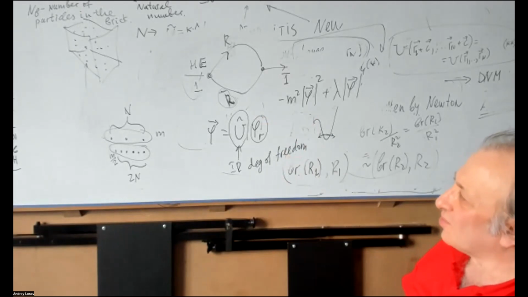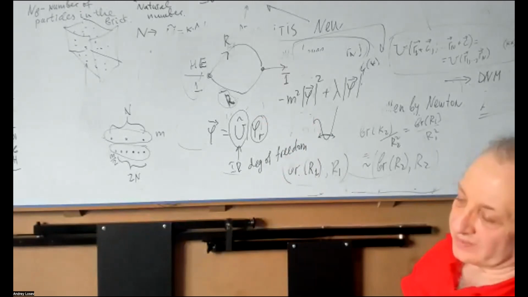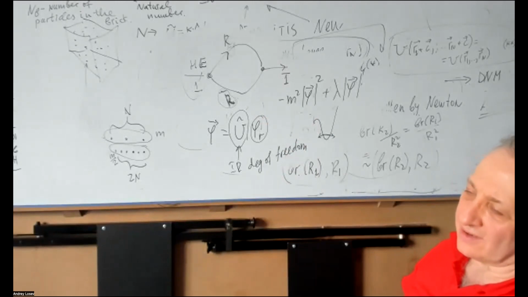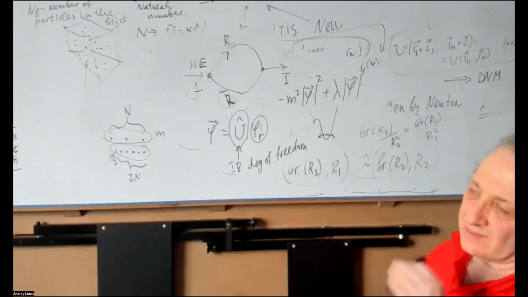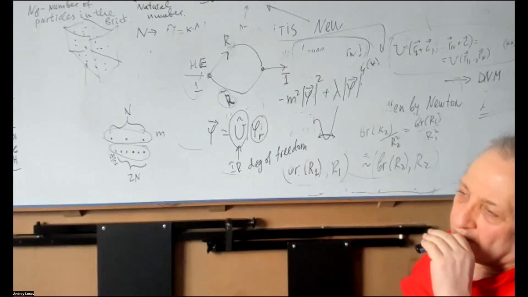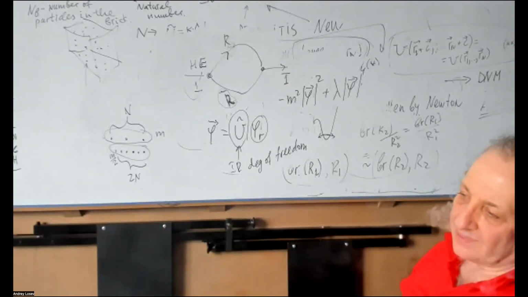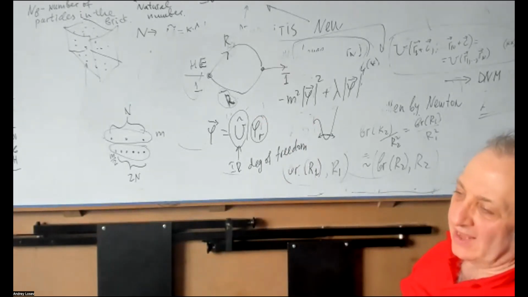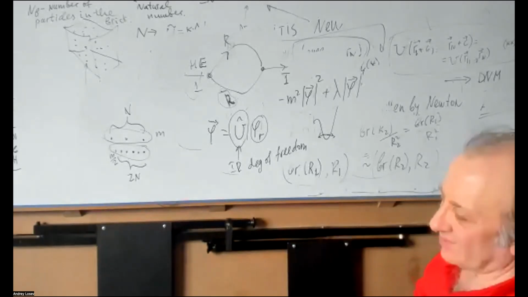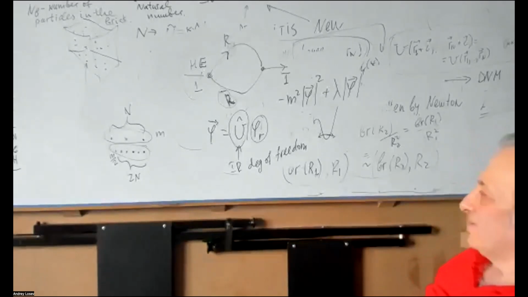The only argument that I could see is the following. It is what is called in mechanics decoupling of radial and angular degrees of freedom. In mechanics, they are actually not so coupled.